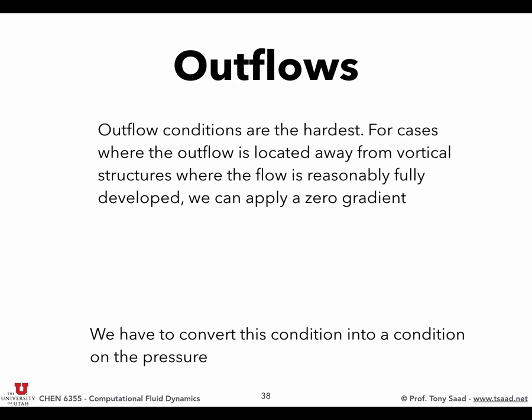And in your project 2, I suggested you implement one outflow condition, which was based on making sure that the flux or the derivative of the pseudo velocity or the uncorrected velocity is 0, and you set a value for the pressure. Today I'm going to show you how you do it for du by dx equals 0 on the primitive variable directly.